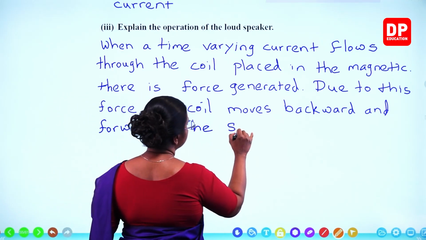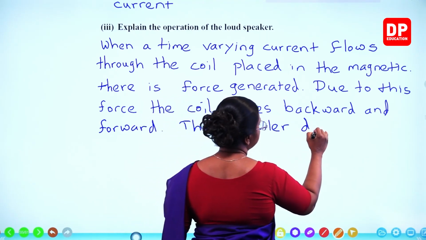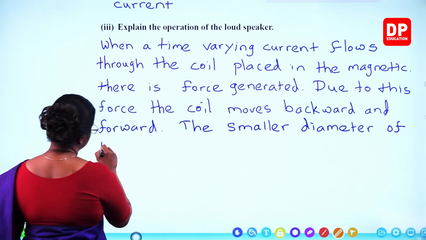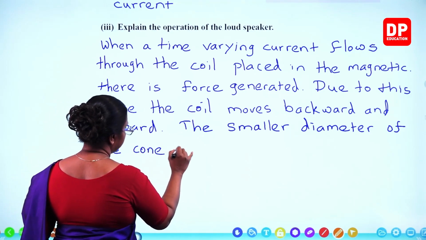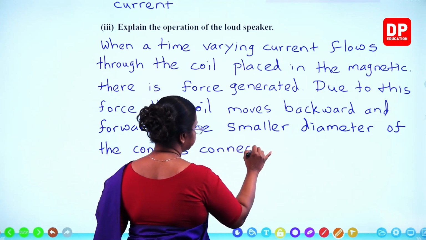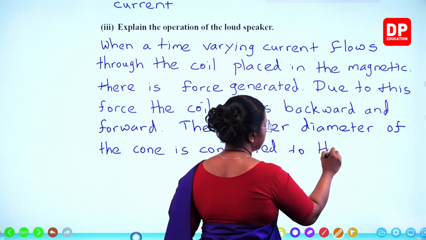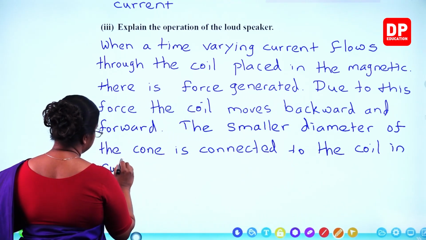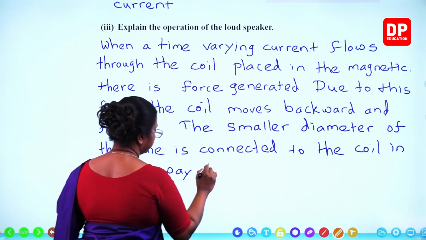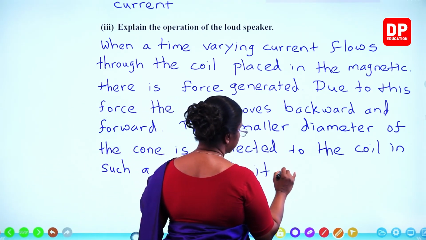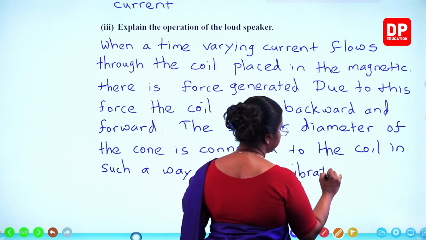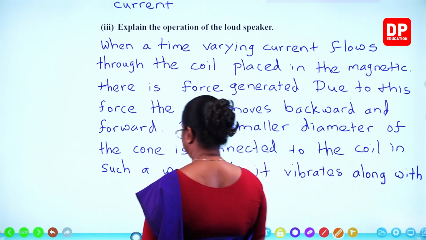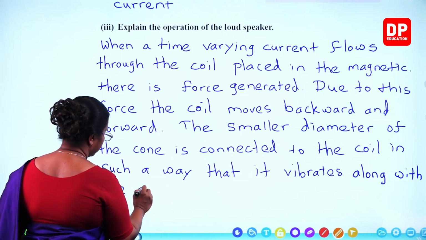The smaller diameter of the cone is connected to the coil in such a way that it vibrates along with the coil.